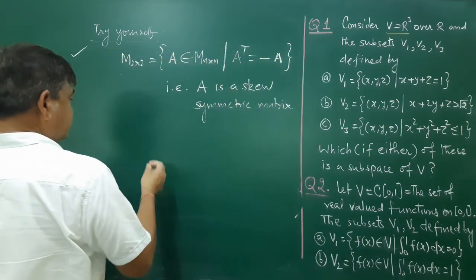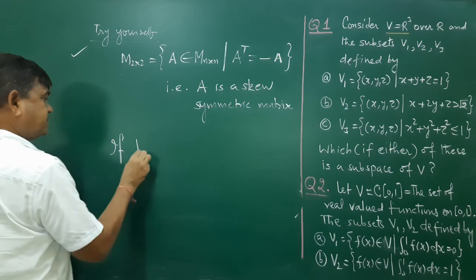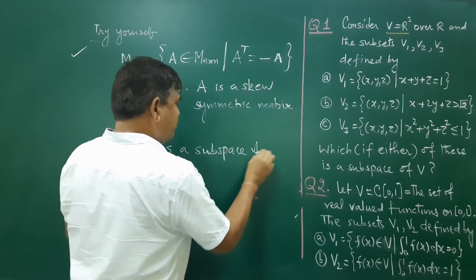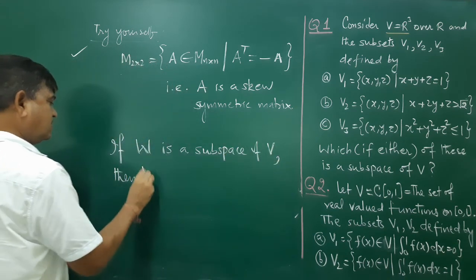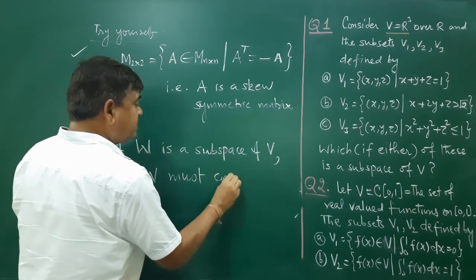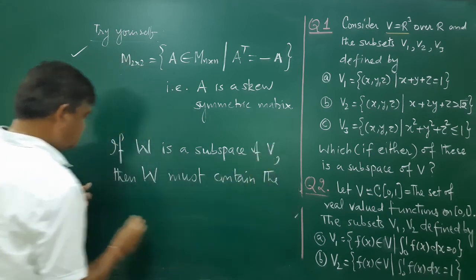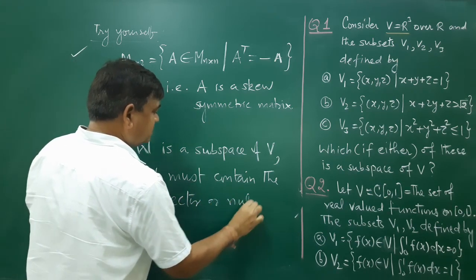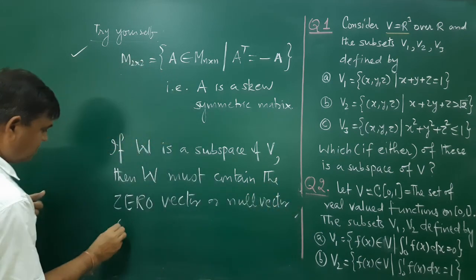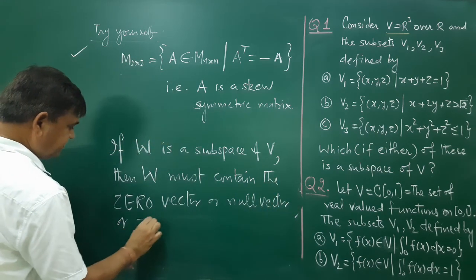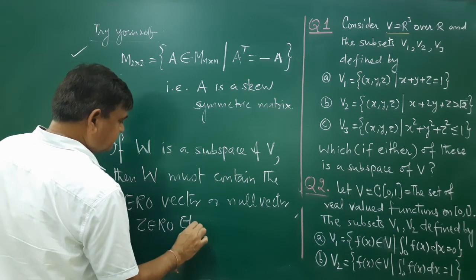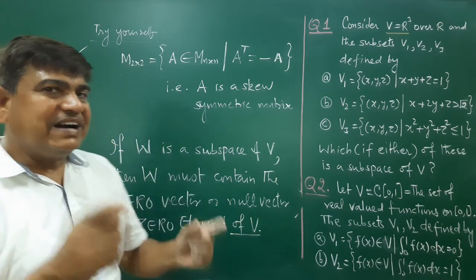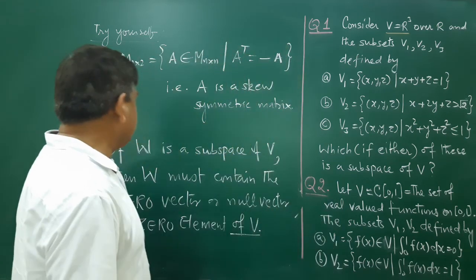We people know that if W is a subspace of V, then W must contain the zero vector or null vector or zero element of V. That means the identity element of V is also the identity element of the subspace.